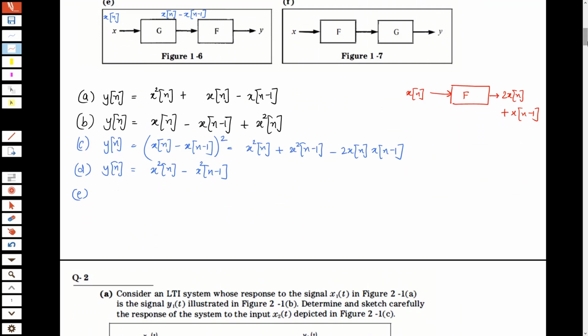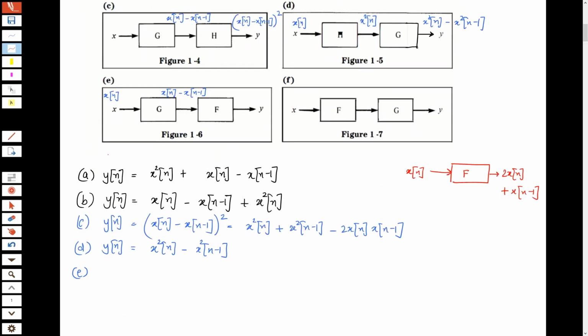So now that we know what is the input, we can say that y[n] in that case would have to be 2 times the input. So 2 times the input, which is x[n] minus x[n minus 1], plus the input shifted by 1 unit.